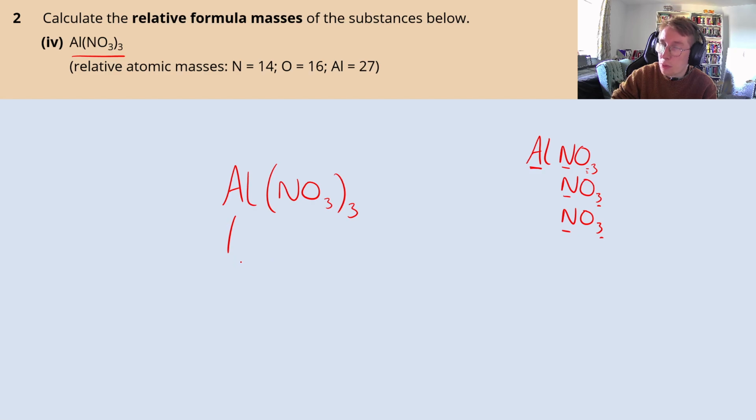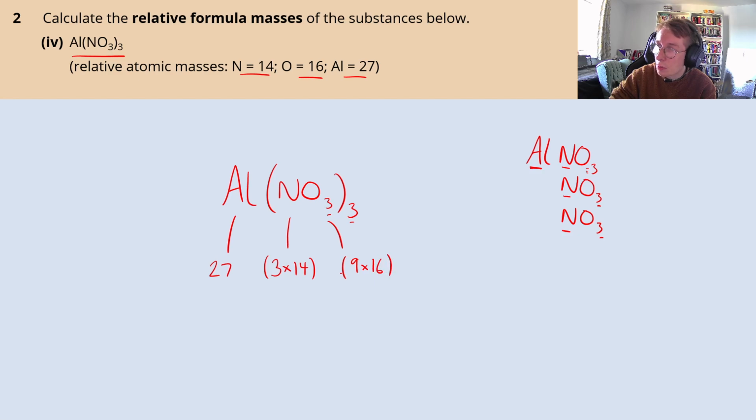So we'll do what we did before. So aluminium's relative atomic mass is 27. We said we've got 3 nitrogens. Now, because I'm feeling a bit more confident, I'm going to write this out as 3 lots of the relative atomic mass of nitrogen. So 3 lots of 14. And then, as we said, we've got 9 lots of oxygen, because it's 3 times 3. And that is 16 that we're timesing that 9 by.